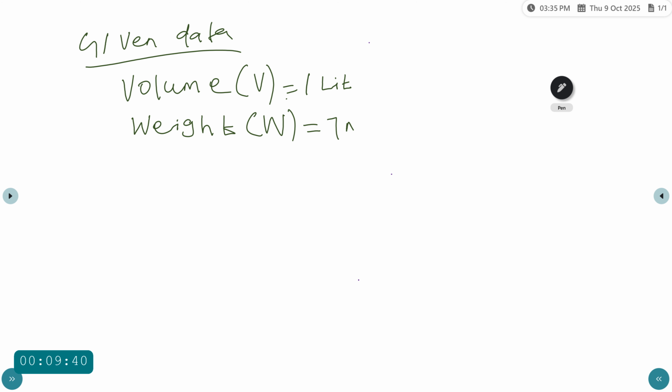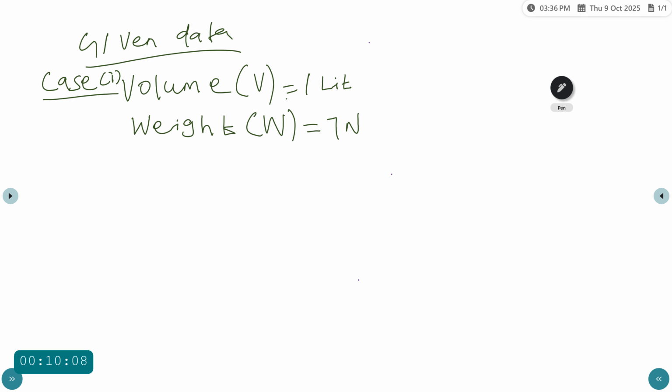This is the given data of case 1. The volume and the weight of the petrol are given by the refinery CPCL, Chennai Petroleum Corporation Limited at Nagapattinam: 1 liter petrol volume and 7 Newton weight.